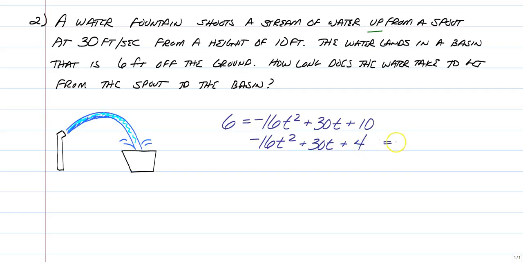Okay, and of course that's equal to 0 now, but we have a quadratic in standard form. So if you want to save yourself a little bit of time with some big numbers, since we can factor out a negative 2 here, it would be easier to work with 8t squared minus 15t minus 2.